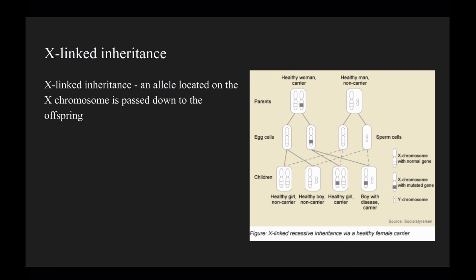Now there is also X-linked inheritance, which means an allele located on the X chromosome is passed down to the offspring. On the right, we can see how this would play out with a woman carrier and a man non-carrier.